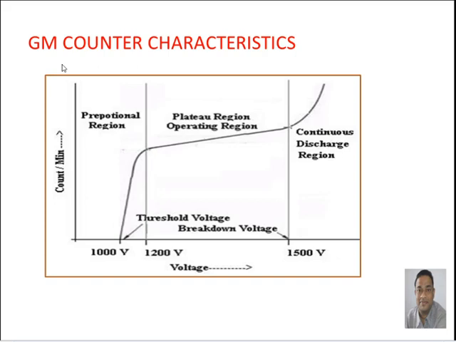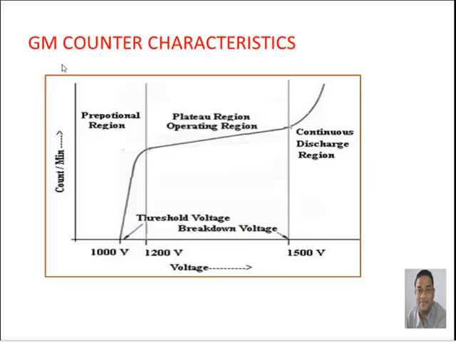The figure shows a GM counter characteristic. It is nothing but a plot of the number of particles counted per unit time on the y-axis against the applied voltage on the x-axis.